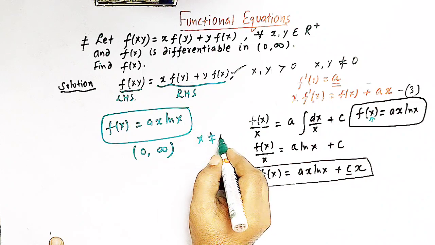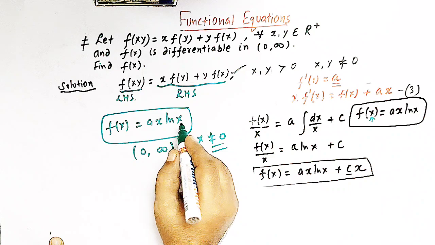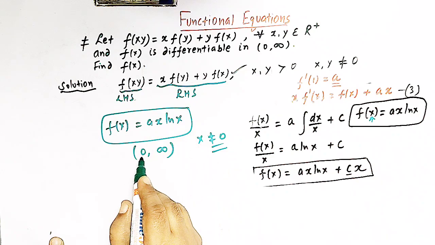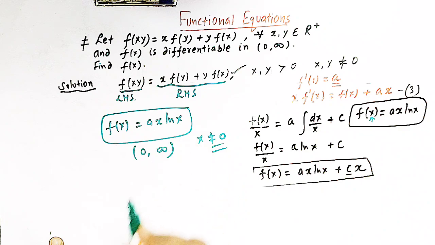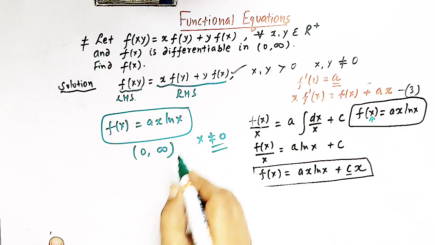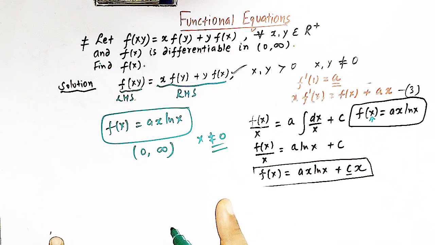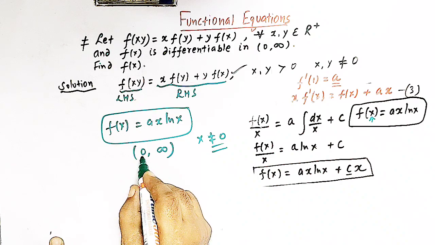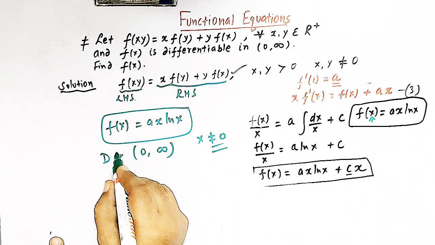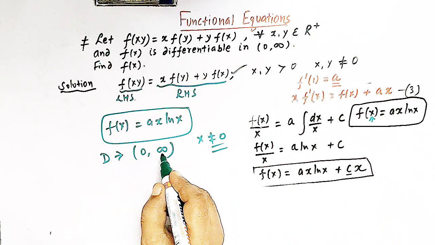So x is not equal to 0, and moreover the domain is from 0 to infinity, so the negative values of x are also not allowed here, because the logarithms of negative numbers are not allowed in the set of real numbers, right? So the domain must be this interval, that is 0 to infinity.